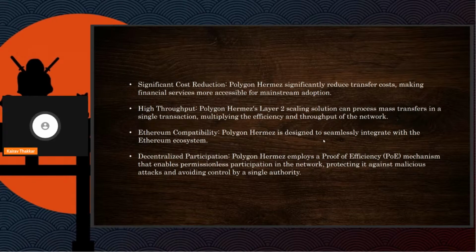You have Ethereum compatibility, so all the good things about Ethereum come into the picture, while decreased gas fees, decreased transaction cost, and increased speed also come in. You have native support of Ethereum. And as it employs the proof of efficiency mechanism, it enables permissionless participation in the network.